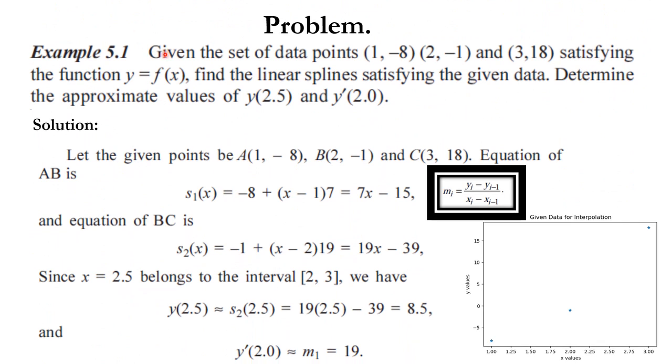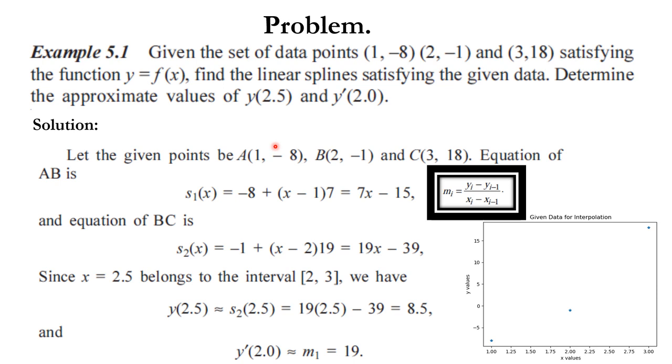So we will see one example for linear interpolation. We are given the set of data points (1, minus 8), (2, minus 1), and (3, 18), satisfying some unknown function y equal to f of x. We don't know the exact relation connecting these x values and y values.